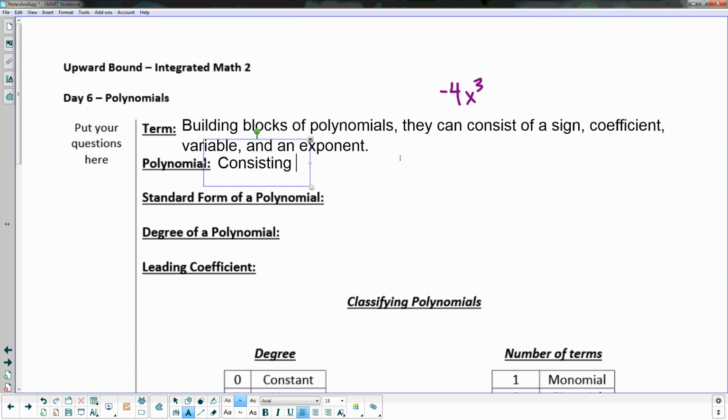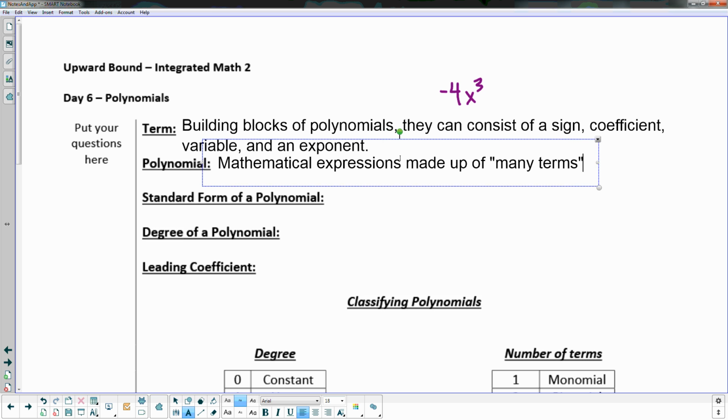So a polynomial is a mathematical expression made up of, I'm going to say, many terms. It doesn't have to be many, but that's the idea. That's what the word actually means. It comes from the two root words of poly and nomial. So it's a mathematical expression made up of many terms.